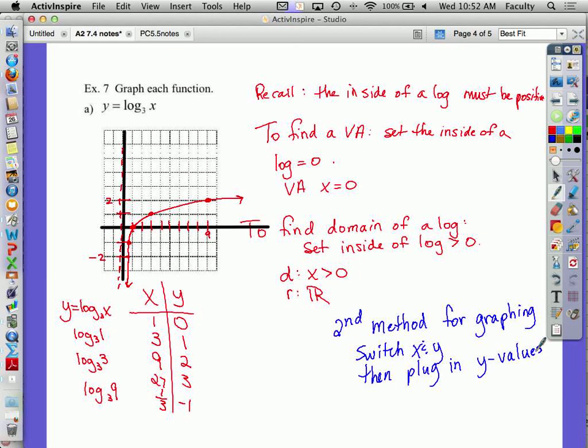So like this would be 3 to the y equals x, and do -2, -1, 0, 1, 2, like that. It'll produce, do you understand that this is the inverse? You know, when I've rewritten it that way?